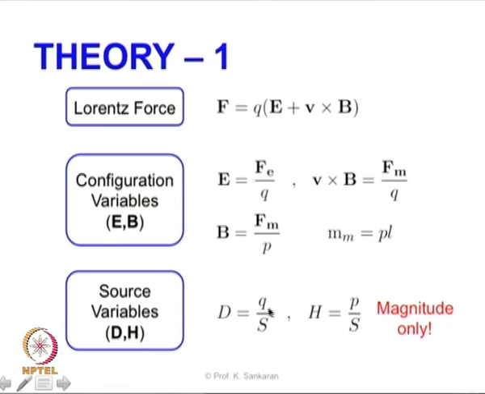Source variables are directly related to the sources, and configuration variables are force that are created due to those electric and magnetic forces. So in the case of the source variable there is no force association, but in the case of configuration variable there is always a force association. So that is the starting point where we are going to begin our topological understanding of those field quantities.